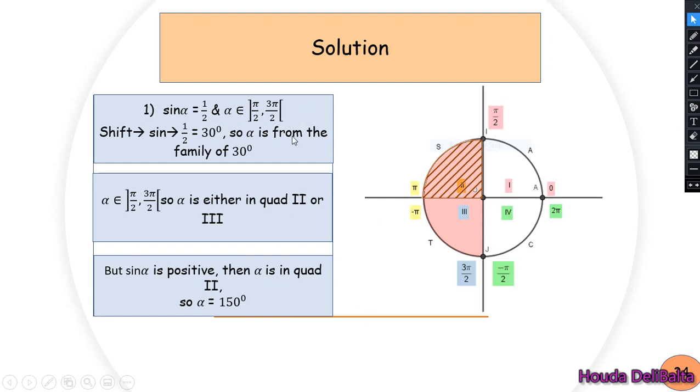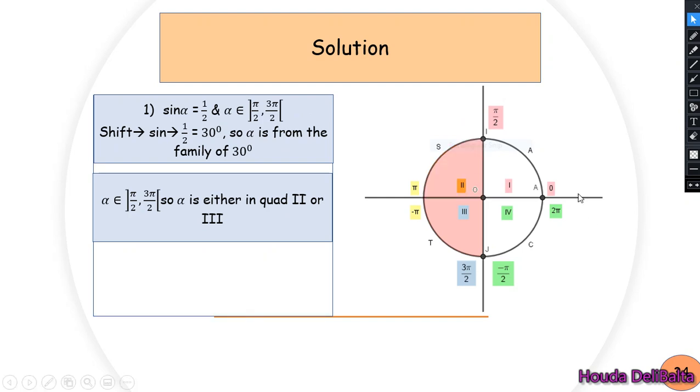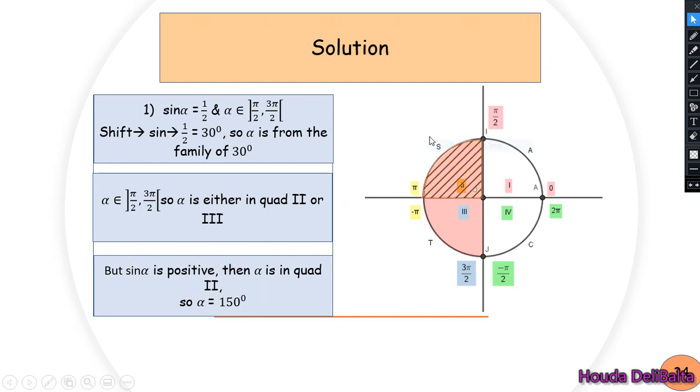So again, I go back to the condition. I shade the region between pi over 2 and 3 pi over 2, which is this region, either in quadrant 2 or in quadrant 3. Then I notice the sign of the given. Sine alpha is given positive. So I make sure that I am in quadrant 2 because in quadrant 2 sine is positive.